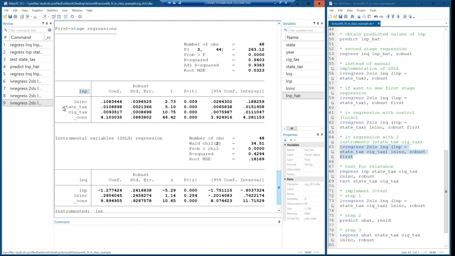And we have these two instrumental variables, and we have the control variable, which is included to make sure that the state tax variable is uncorrelated with the error term in this regression. And we see that both these instrumental variables are statistically significantly different from zero.